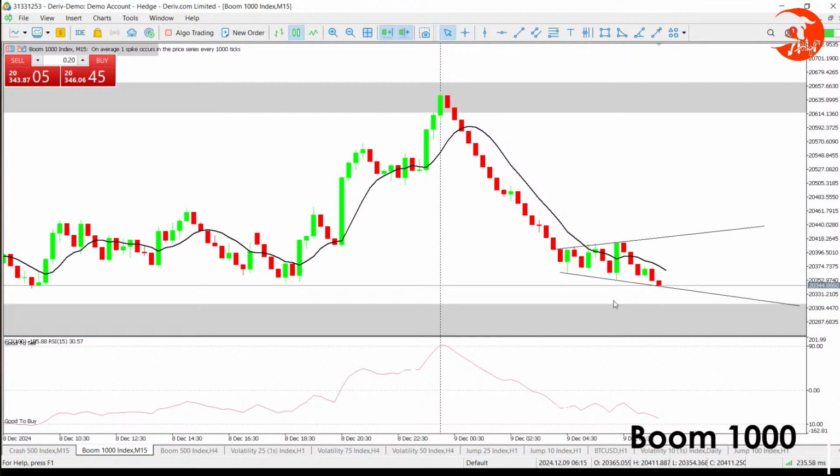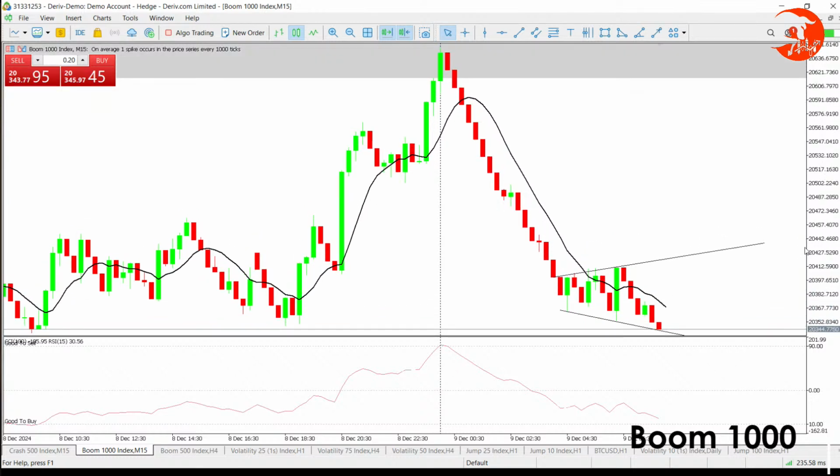So it would be a weird thing. That means price is going to be bouncing off this to there. So you don't have an entry here at all. You can actually start to look for buys on this level if you're a scalper, but I wouldn't advise it on this level here. I wouldn't.